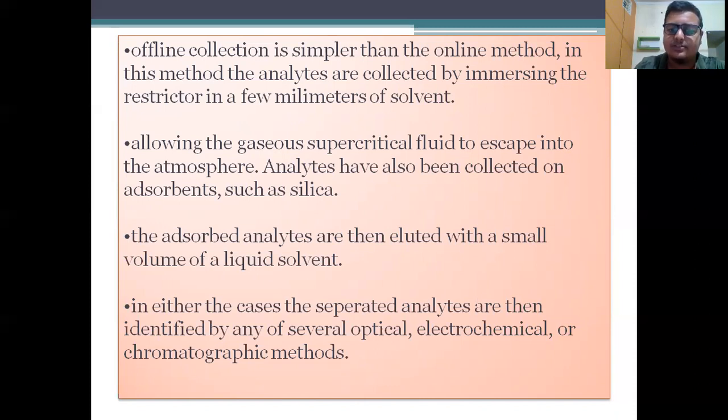Allowing the gaseous supercritical fluid to escape into the atmosphere, analytes have also been collected and adsorbed on the silica surface. So, when we introduce the restrictor by immersing a few millimeters into the solvent, it creates the necessary pressure, and the various components present in the sample get adsorbed over the silica in order to get separated.